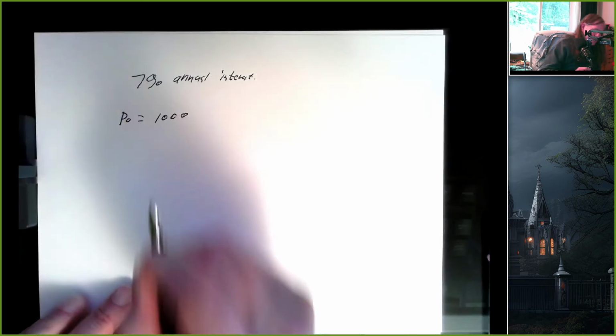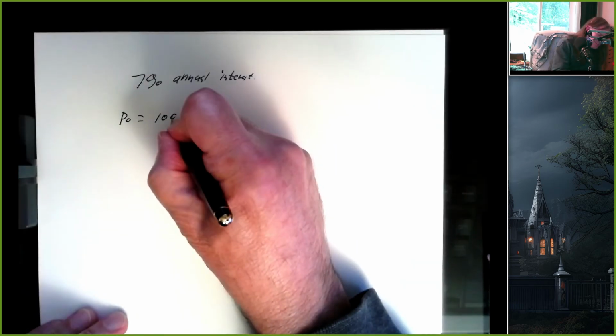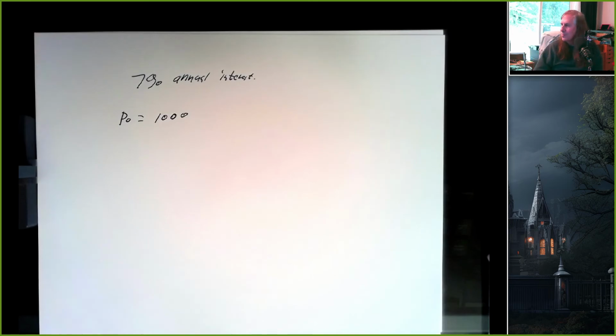Okay, so let's suppose that you put $1,000 into your bank account. And you come back 1 year later and you want to know how much money you have. This is simple interest.